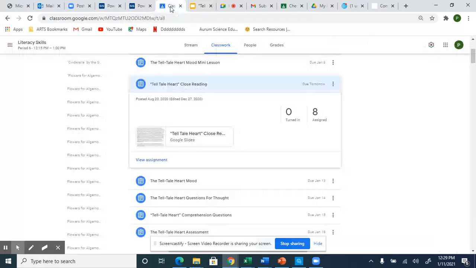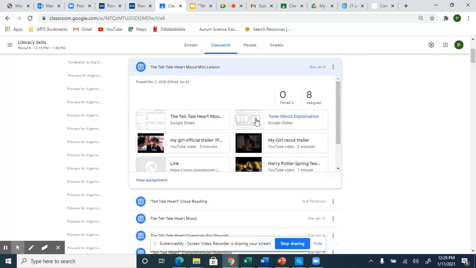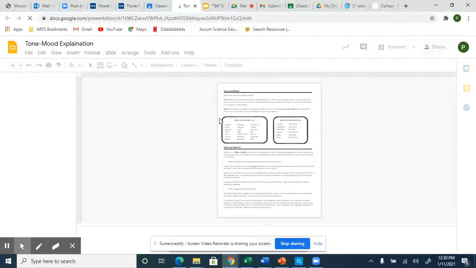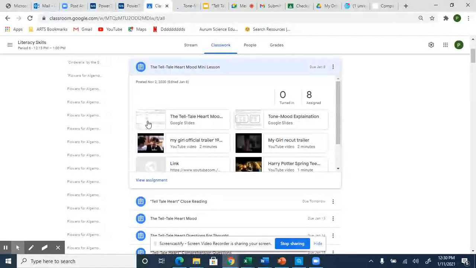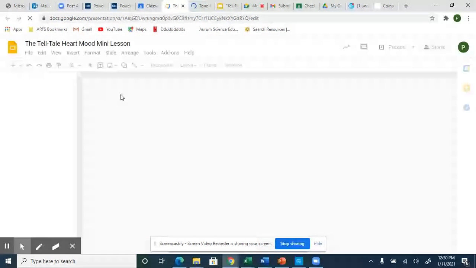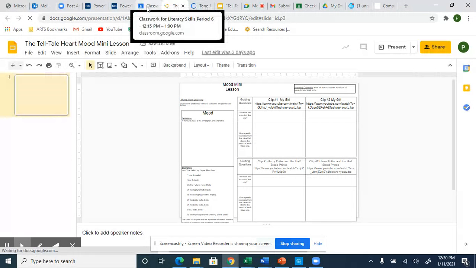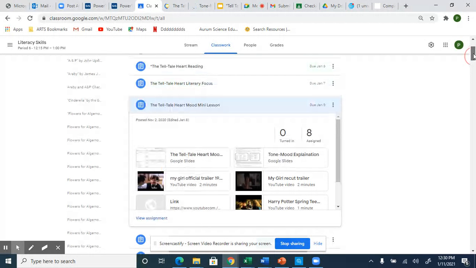Now, don't forget, back here, we did a little mini lesson on tone and mood, and I have the definitions right here, so you can take your information from your answers right here. We have tone and mood, and we also have the lesson before.